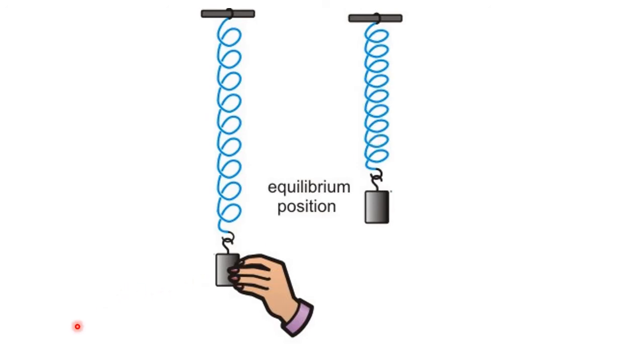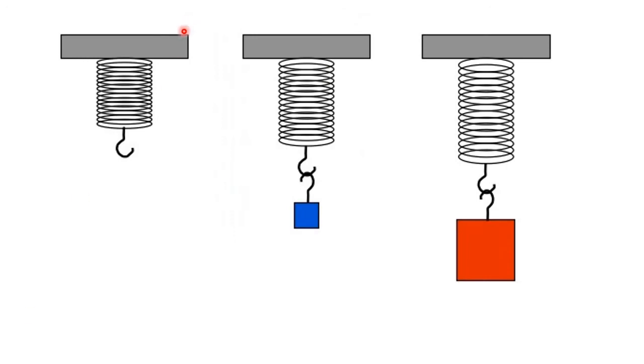I'll explain to you with a diagram. There are three situations. One, there is no weight. Here you have a small weight. Here you have a higher weight. When there is no weight, you can see that the spring achieves an equilibrium position with minimum spacing between the spirals.